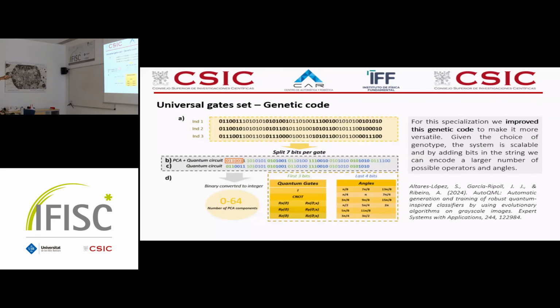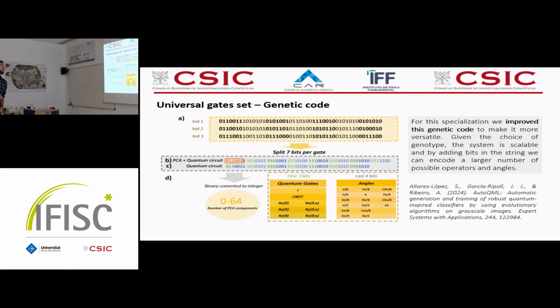This is the thing we were doing for the universal gate set. It's just adding 2 more bits, and then we can have all the parameterized rotations, but also rotations with fixed angles, identities to reduce the complexity, and the syndromes just to get it.